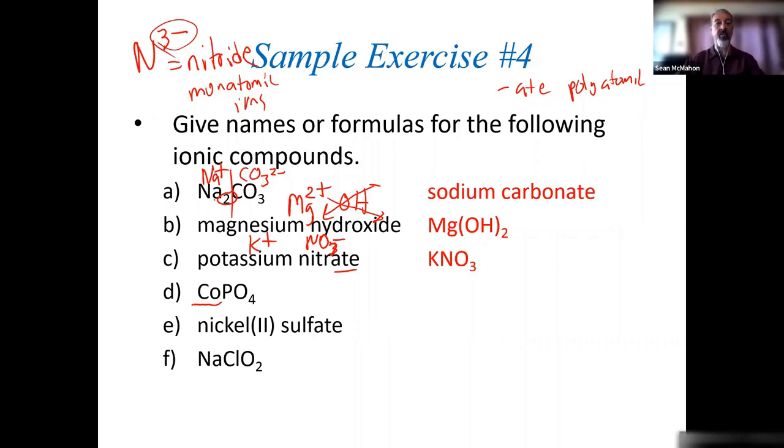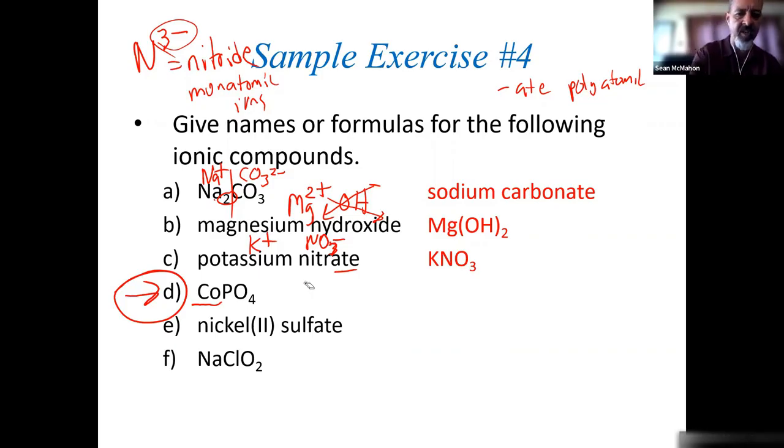So how do I figure out the Roman numeral? This is probably the hardest one of all. These two are the hardest. No, this one's the hardest. Okay. The reason why this one's the hardest is I have to know the charge of phosphate to figure out the charge of cobalt. Because I didn't memorize all the charges for cobalt, or maybe you do, but I would tell you to know the charge of phosphate.